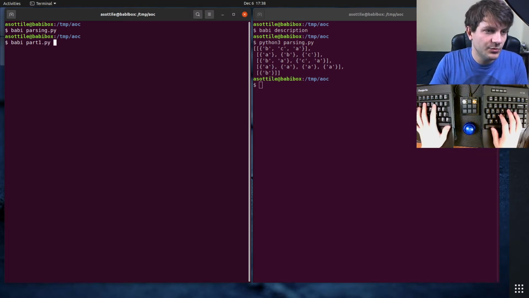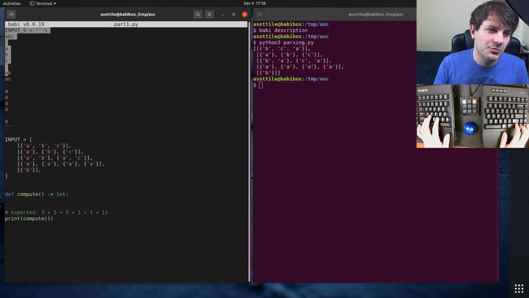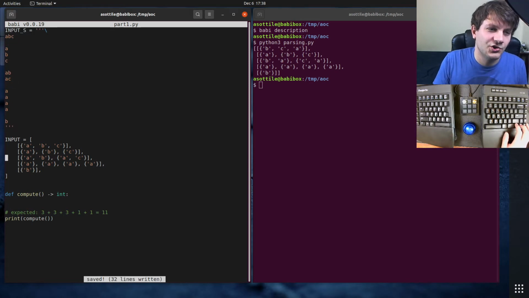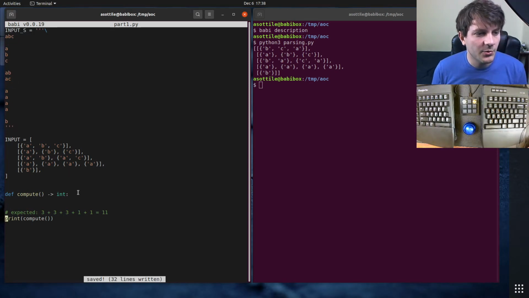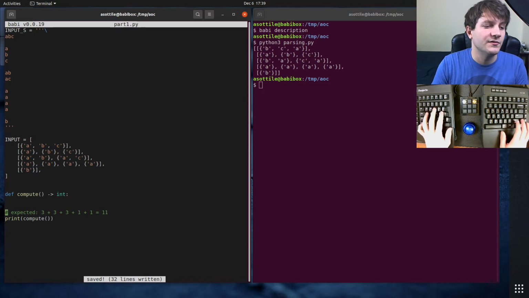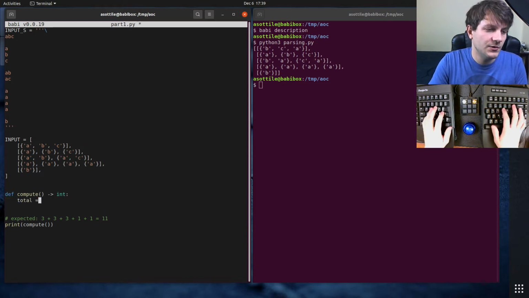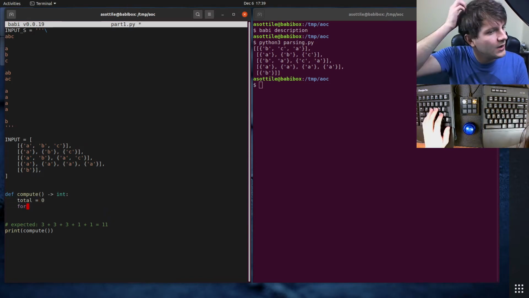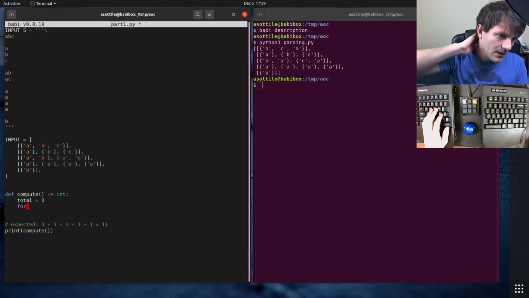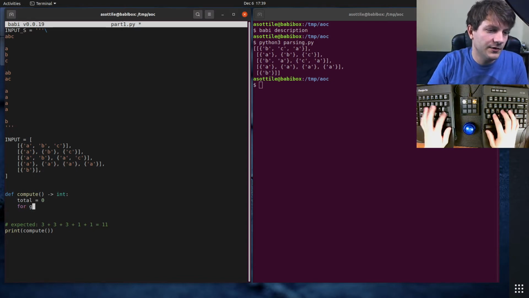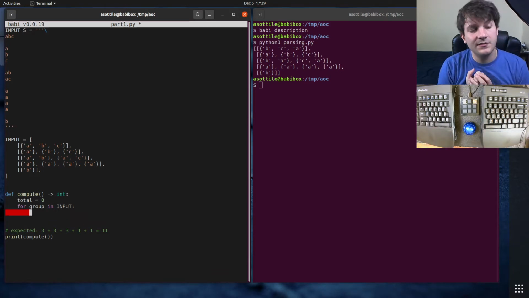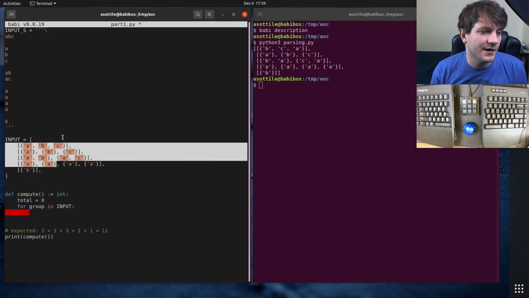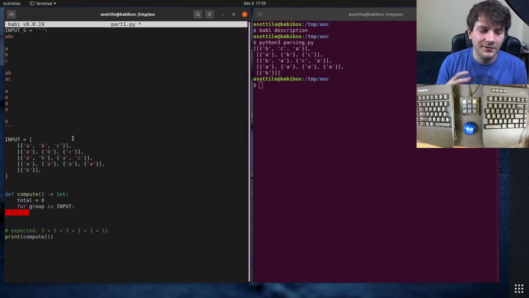So let's jump into part1.py. I've kept the input here so that I can show you my shortcut to this problem. When we're dealing with sets, this is pretty straightforward. Total equals 0, and then for group in input, we want to figure out the total, the sum of these.